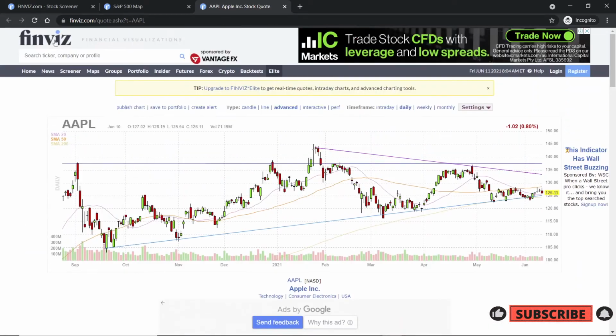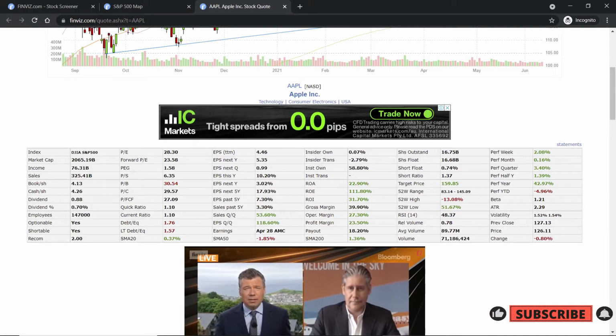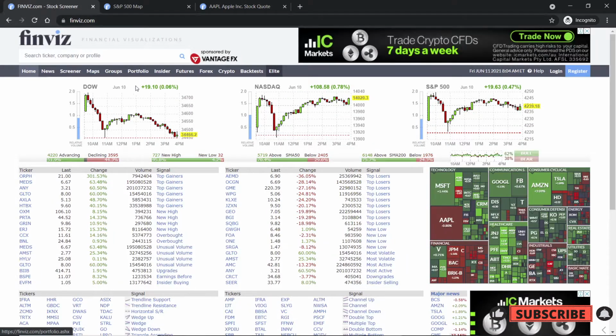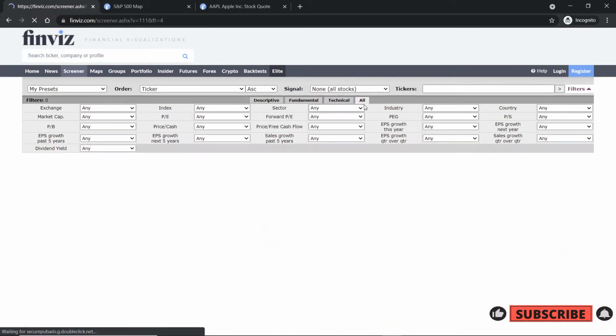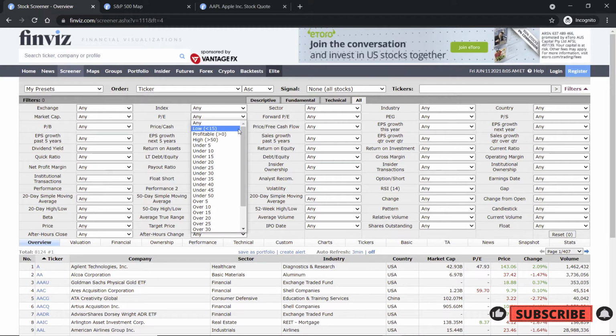So now what we do is we go back to our stock screener. And now what we do is we try to replicate the same stock indicator ranges that Apple is currently showing, so much so that Apple reflects in our bucketing list of stocks.